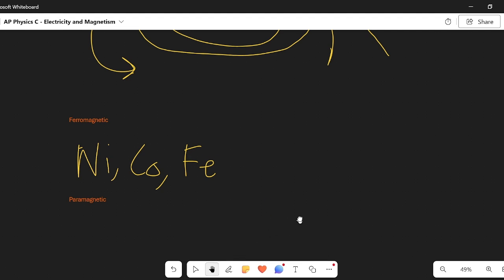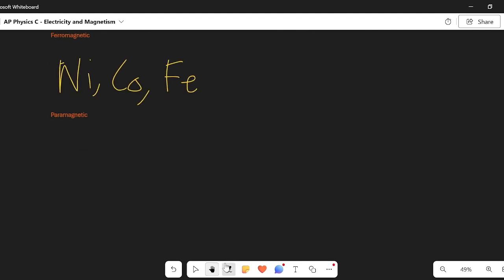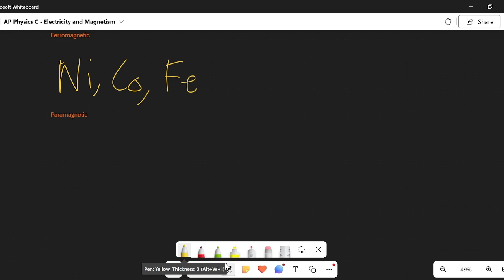And then paramagnetic materials are only temporarily magnetized by an external magnetic field, and the alignment of the magnetic domains or atomic magnetic dipoles is temporary. Titanium is a good example for this one.